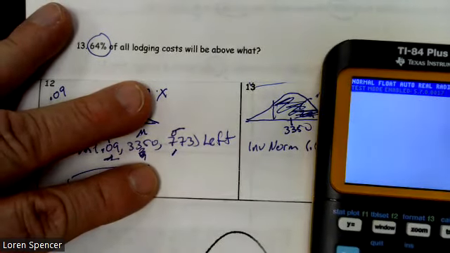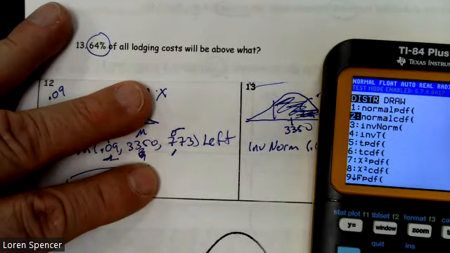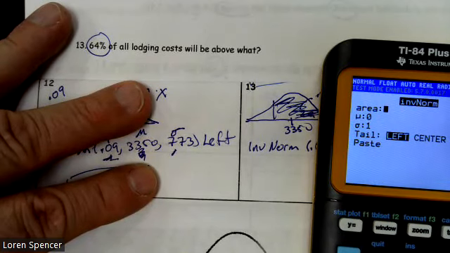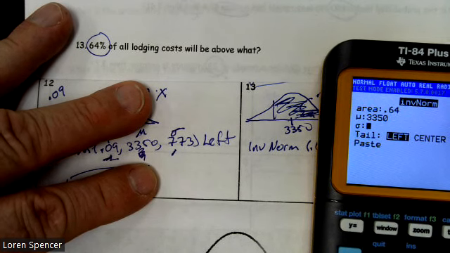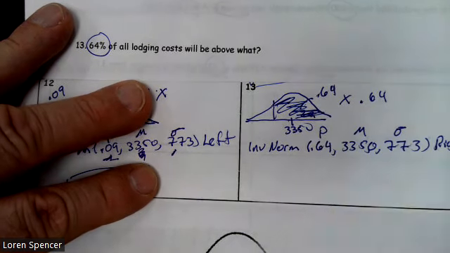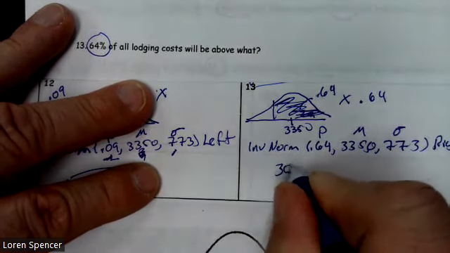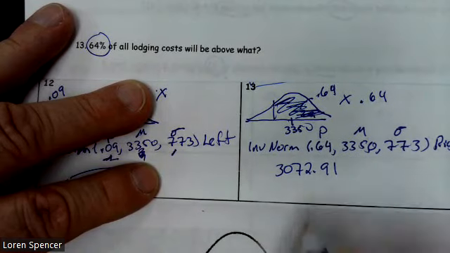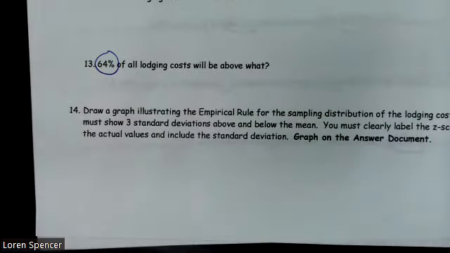All right, so second vars, inverse norm, 0.64, mean 3350, standard deviation 773, coming from the right. And we get 3,072.91.